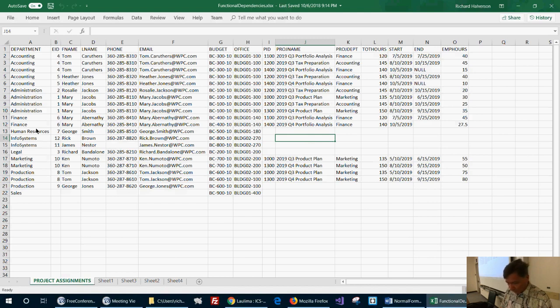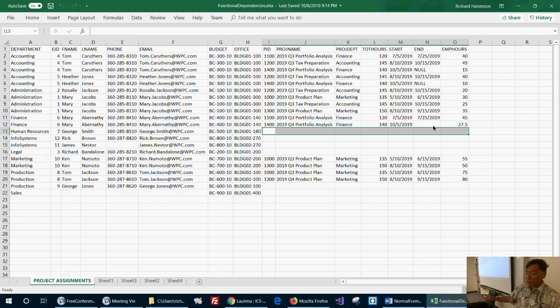This guy George Smith, this field over here is supposed to be the project, supposed to have to do with one of the projects that George Smith is working on. And George is not working on any projects. So those fields are not even really valid for this record unless you accept nulls or nothings.